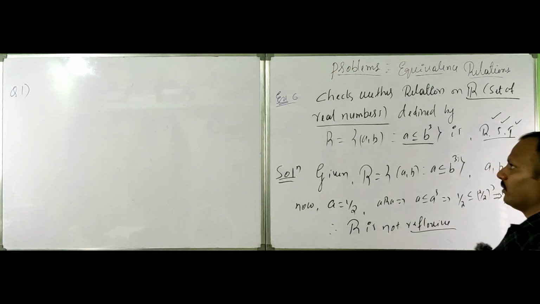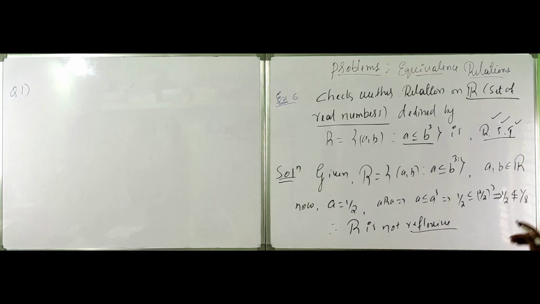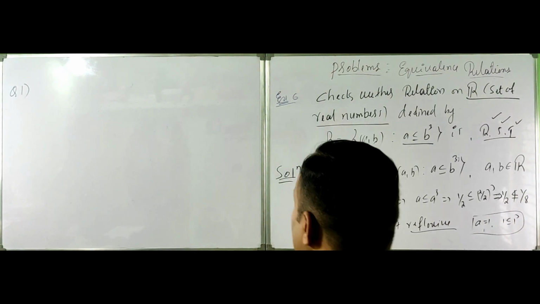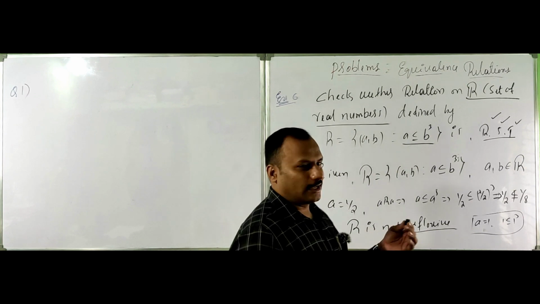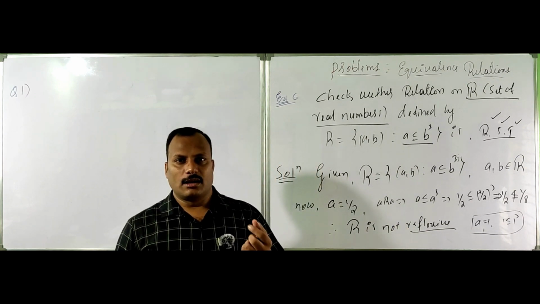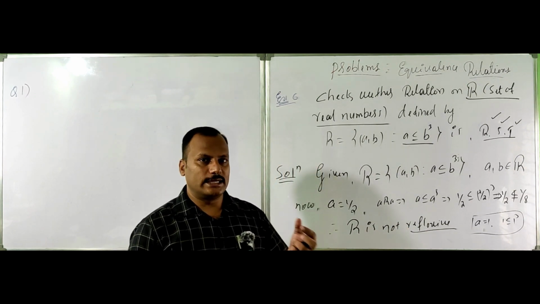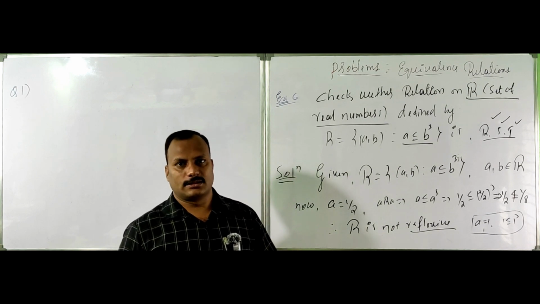They have given R. If I take a equal to 1, then aRa becomes 1 is less than or equal to 1 cube, this becomes true with respect to positive integers. That's why an equivalence relation creates mutually disjoint subsets.